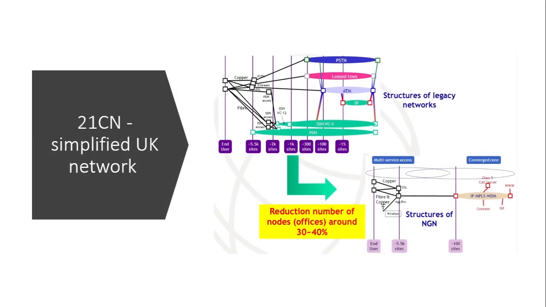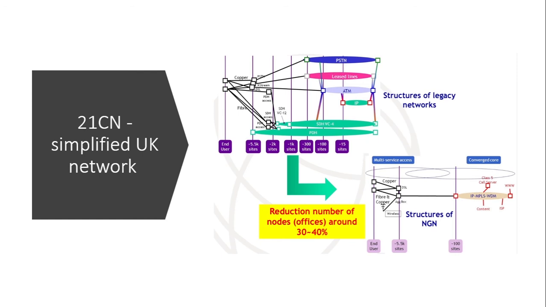This is the illustration for the UK simplified network. The top left is the illustration of the structure of legacy networks, whereas the bottom right is how the structure of the legacy network is transformed into the NGN.